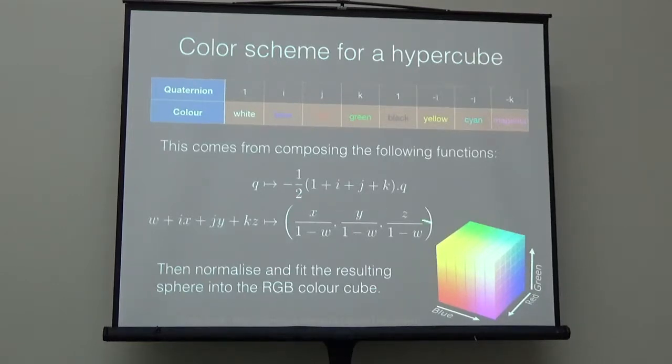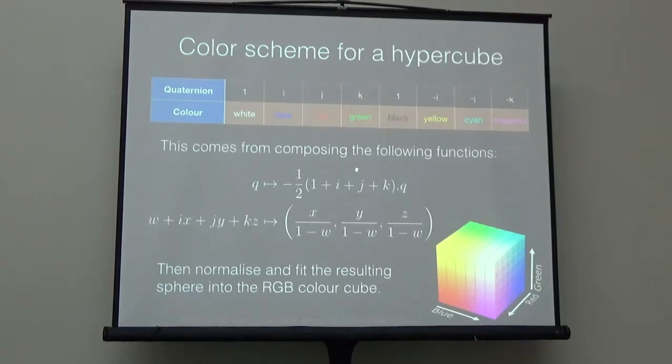And then we stereographically project from the point, where are we projecting from? We're projecting from the point W equals 1, so the real part is 1. So that means that if I just plug in 1 into this stereographic projection map, it will map to infinity. Everything else will map to something finite.